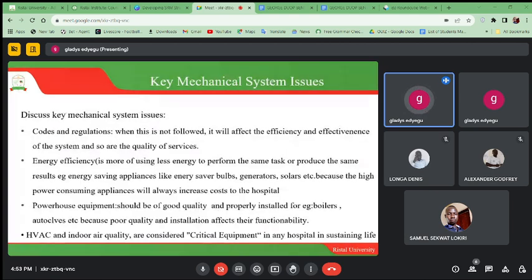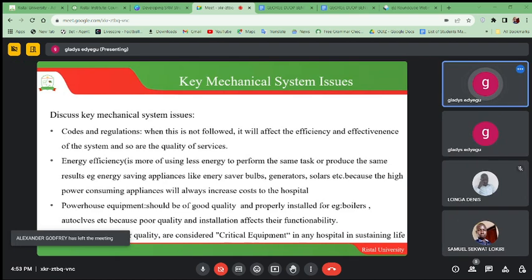What are the key mechanical system issues? Basically, there are some mechanical system issues that have to be looked at. We have to talk about the codes and regulations. When we talked about hospital designing and planning, we mentioned following the codes and regulations of construction of different buildings or hospital spaces.